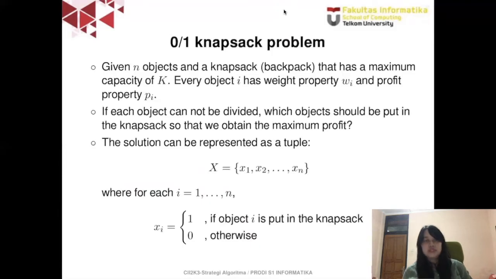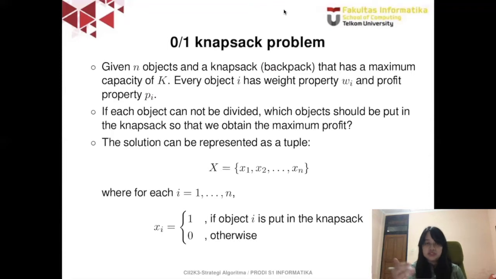So the problem is we have a knapsack that has a maximum capacity of K, and also we have objects. And every object has a weight property and also a profit property. Now, if each object cannot be divided, which objects should be put in the knapsack if we want to have a maximum profit?